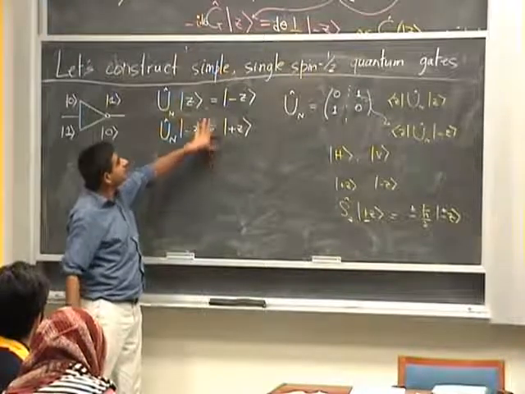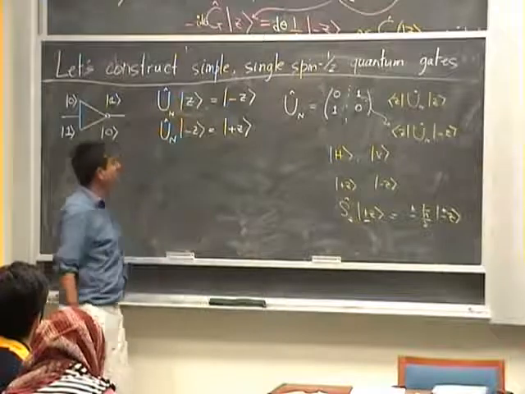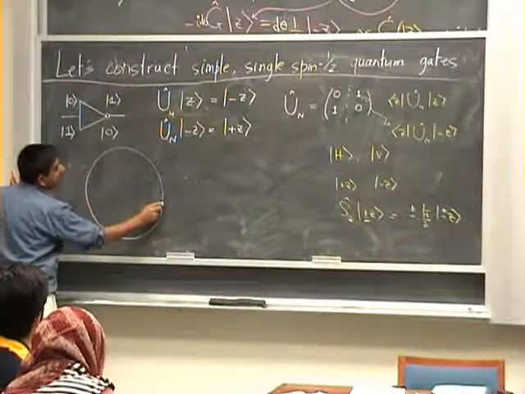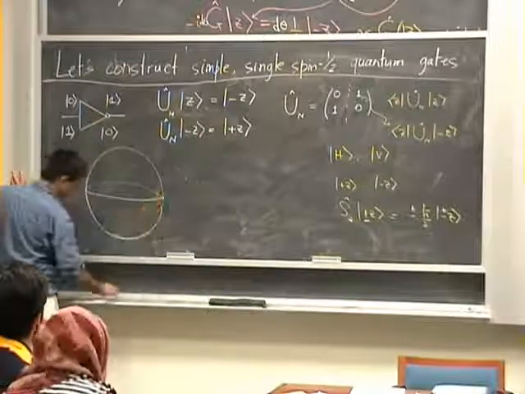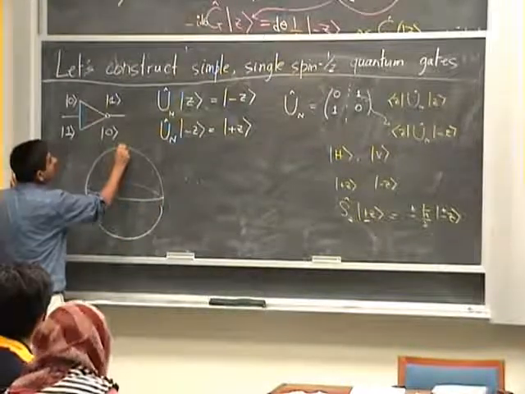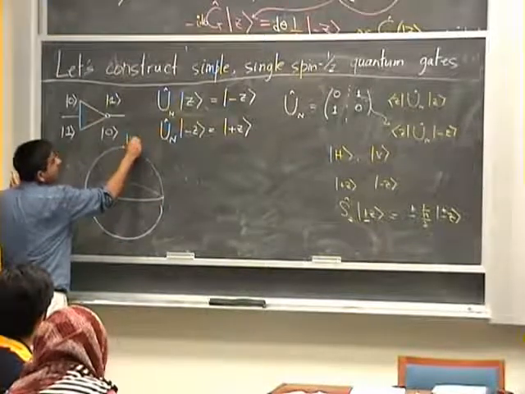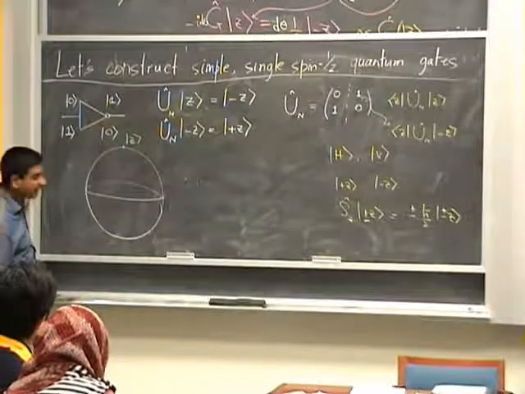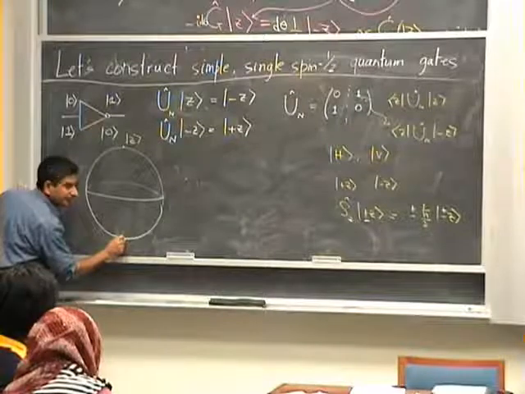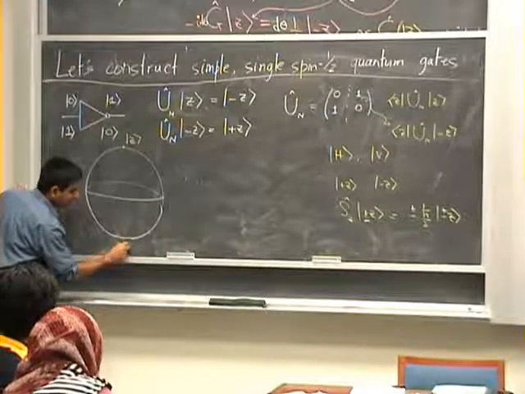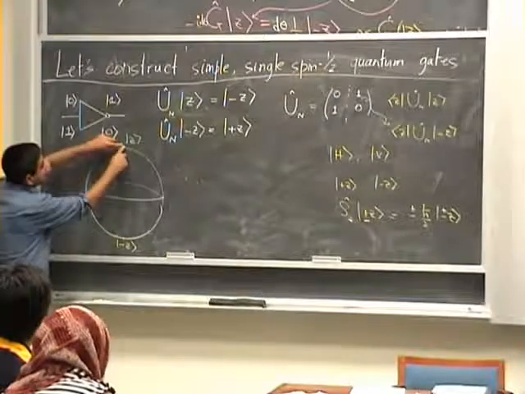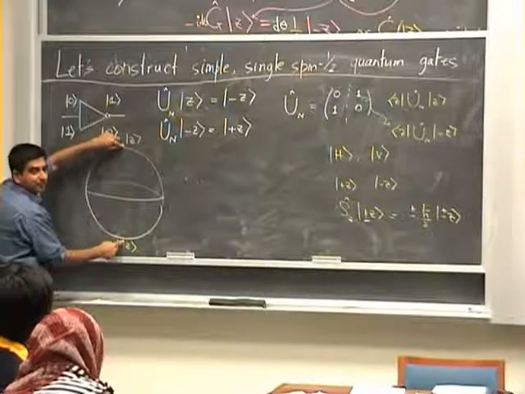So if you look at this prescription, what we would like is to define a Bloch sphere, and ask what the quantum NOT gate should do. If the initial state is plus z, and a NOT gate acts on it, what is the final state? Minus z. You should end up here. So what a NOT gate should do is bring this state up to here.